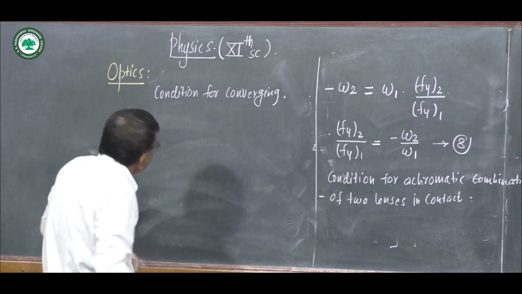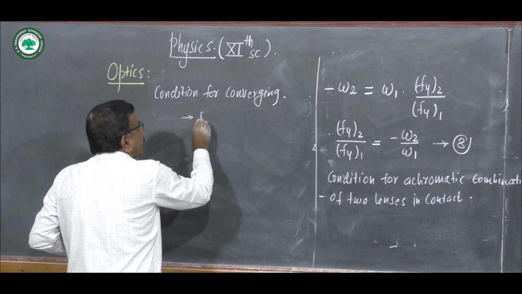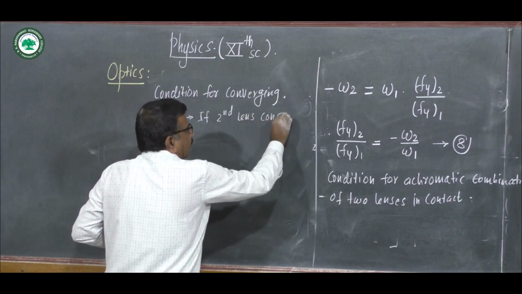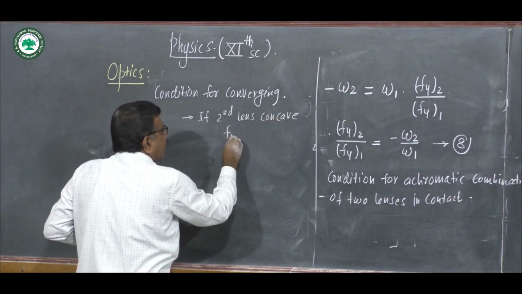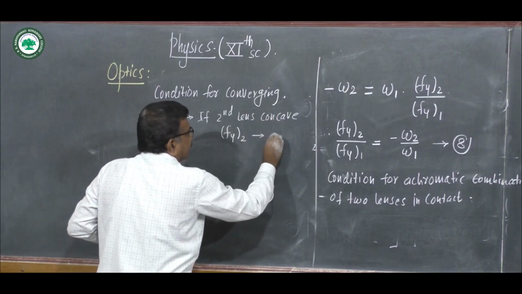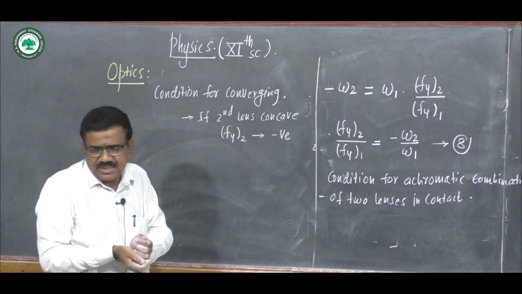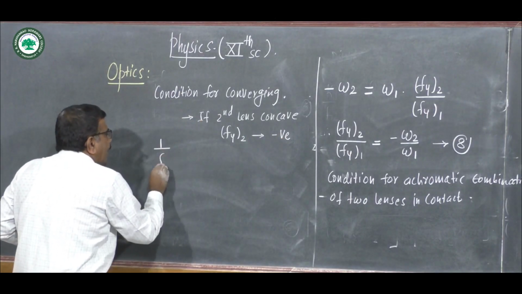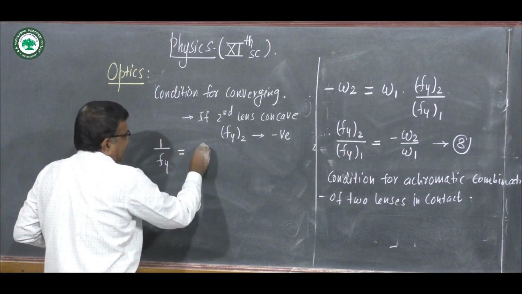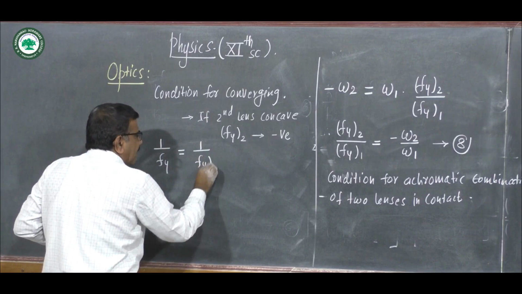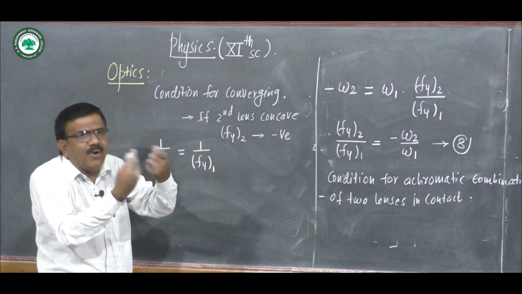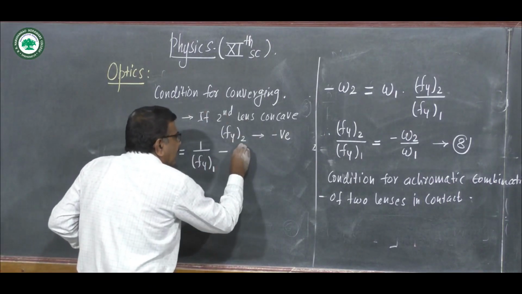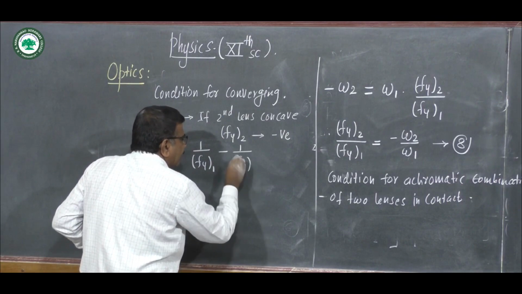If we consider the second lens as concave, then this Fy2 is negative, and hence our equation 4 becomes 1 upon Fy equal to 1 upon Fy1 plus 1 upon Fy2, but this Fy2 is negative, so minus 1 upon Fy2.